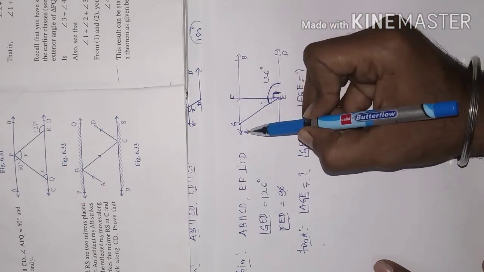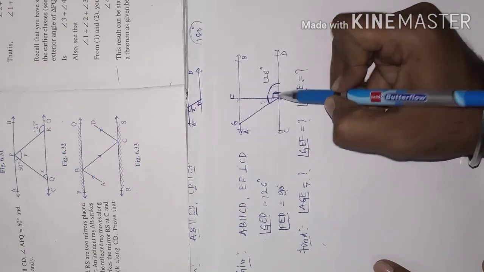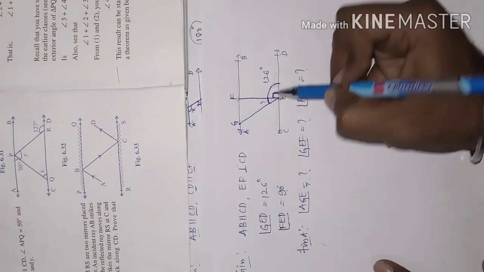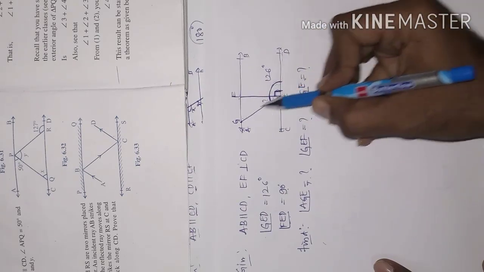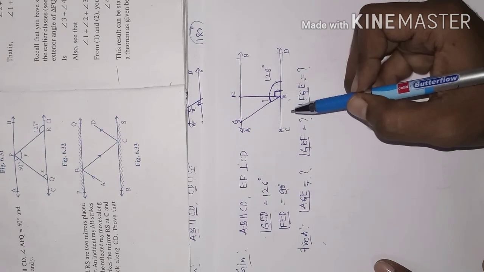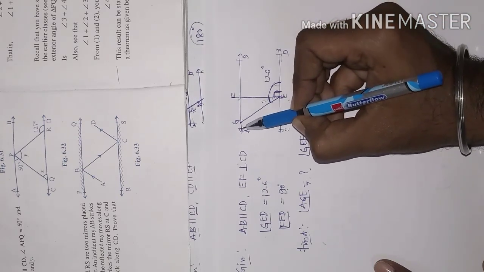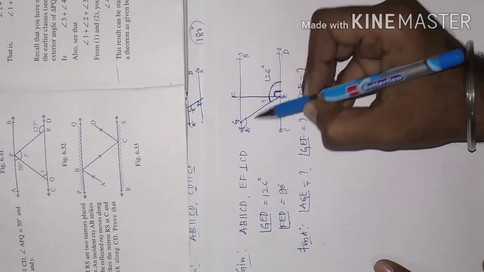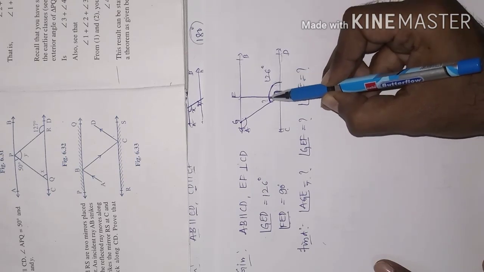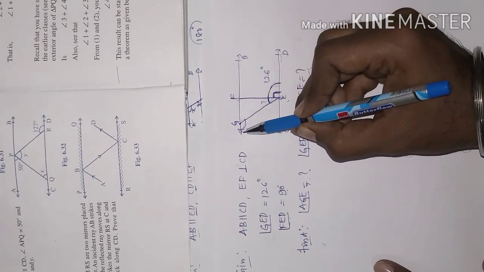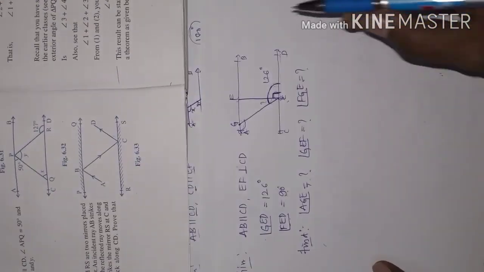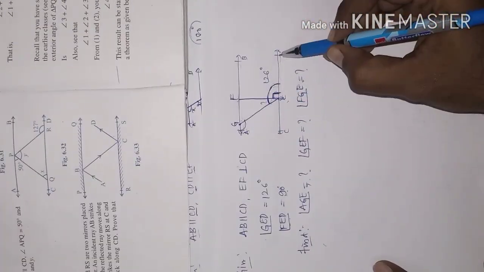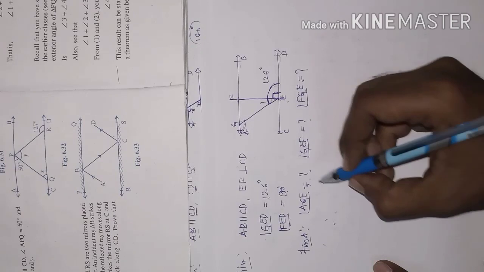Now can you see this AGE here? As AB is parallel to CD and GE is a transversal, an alternate angle is formed over here. AGE and GED are alternate angles because AB is parallel to CD. So what will we write here?